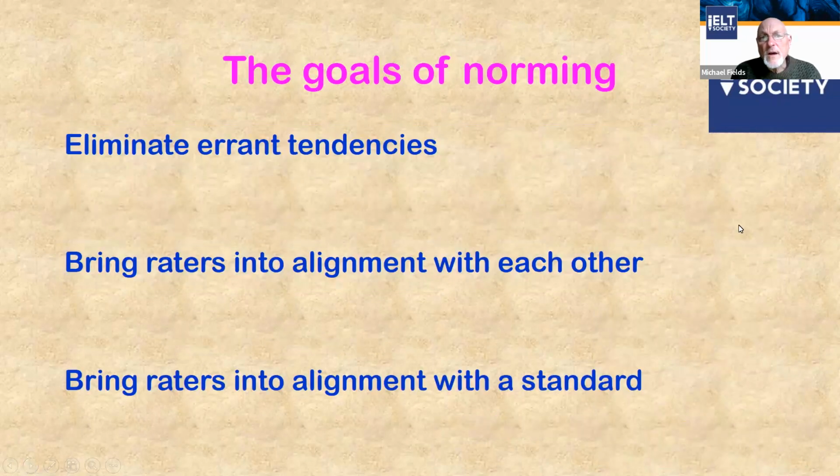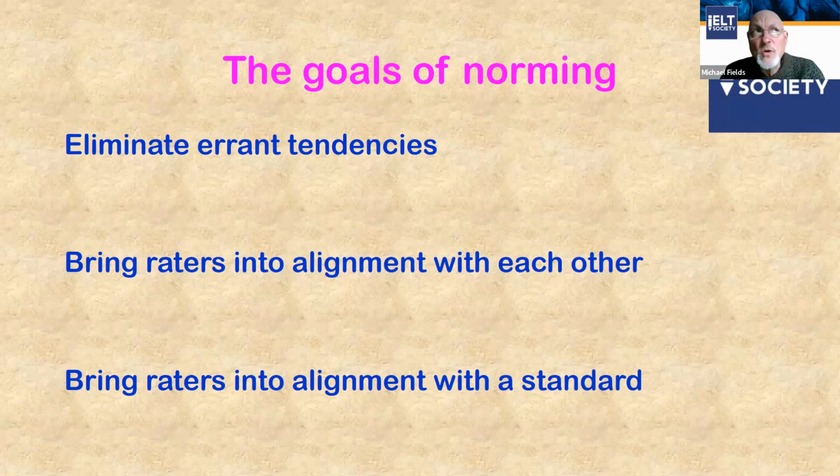So the goals of norming are to eliminate those errant tendencies that we just looked at by bringing raters into alignment with each other, so that no matter who rated a speech sample or a writing sample, the scores wouldn't be very different. So in a sense, it doesn't matter in the end who rates the papers.